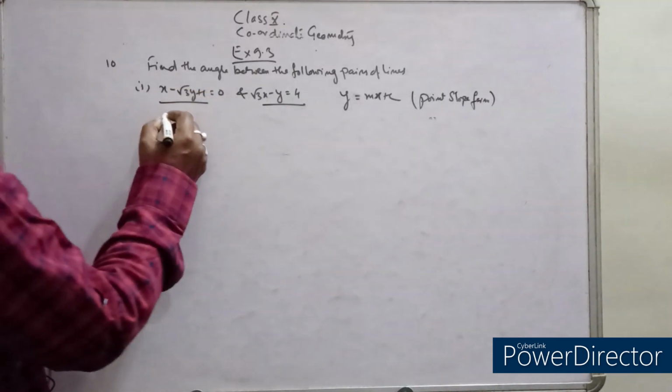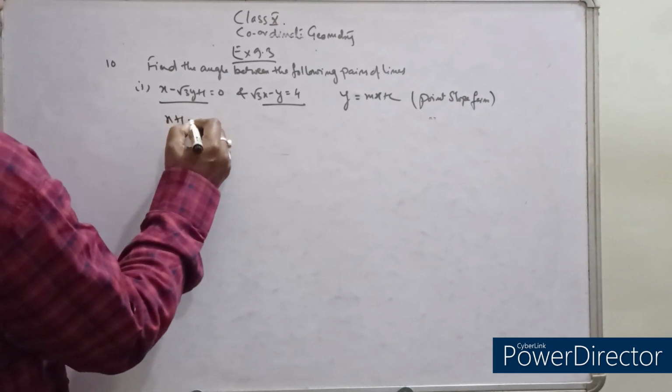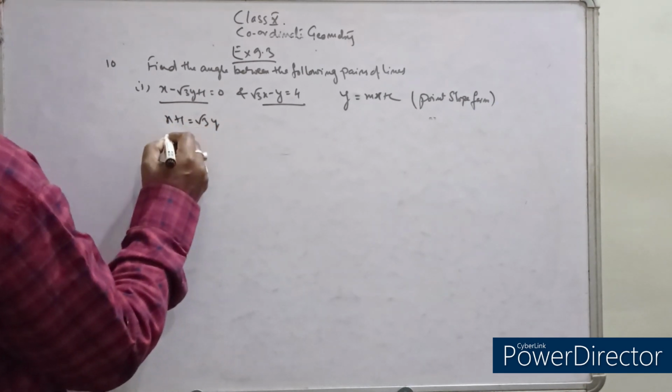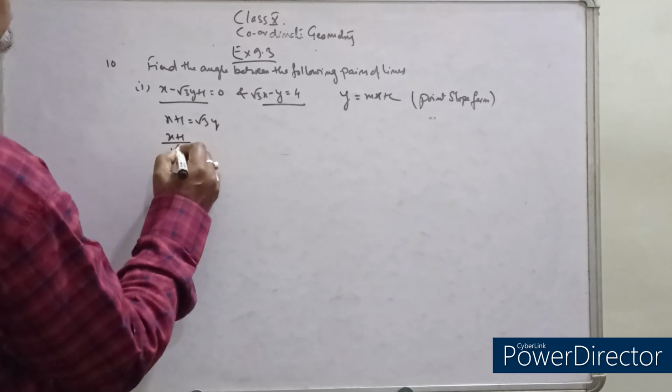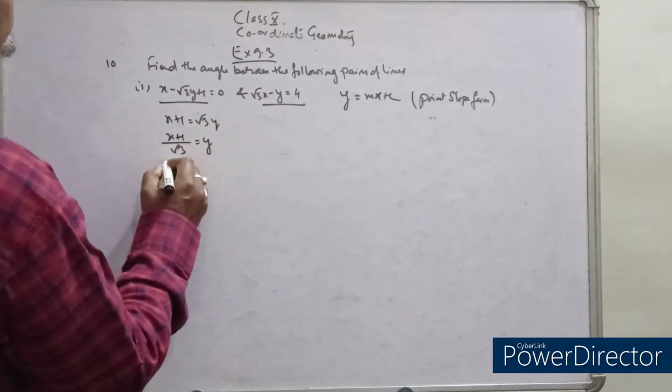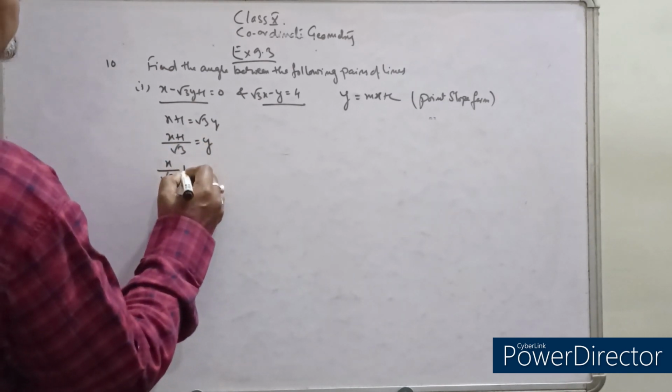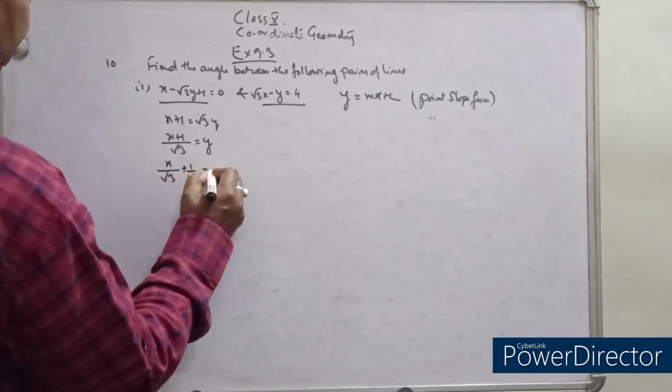So when we convert this, x plus 1 is equal to root 3 y. So (x plus 1) by root 3 is equal to y. So x by root 3 plus 1 by root 3 is equal to y.